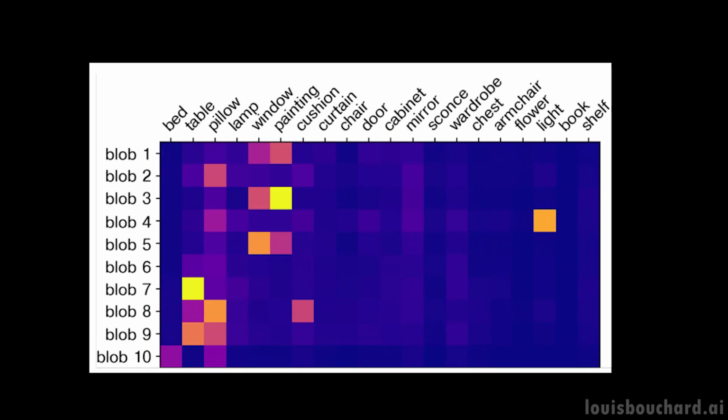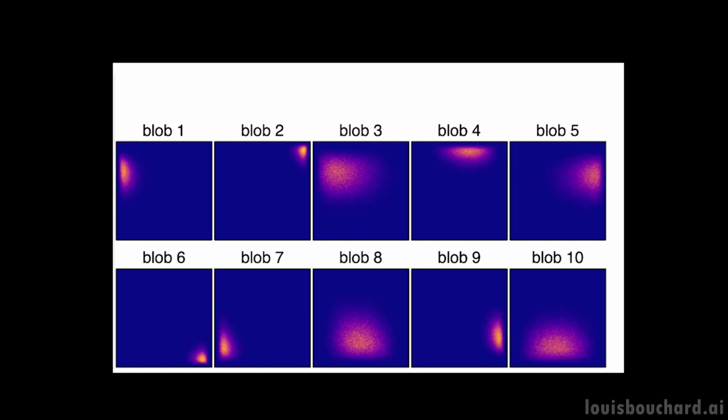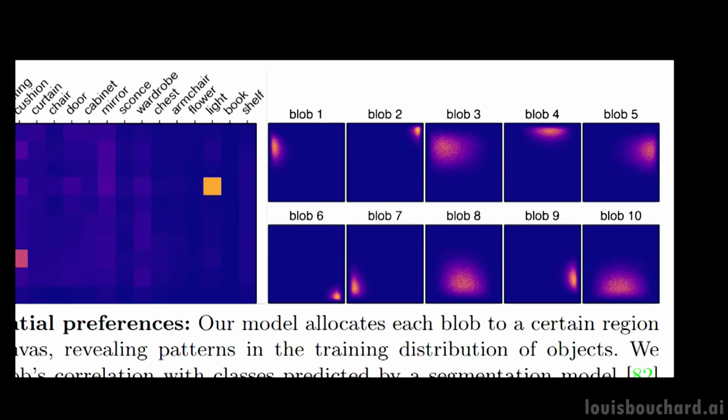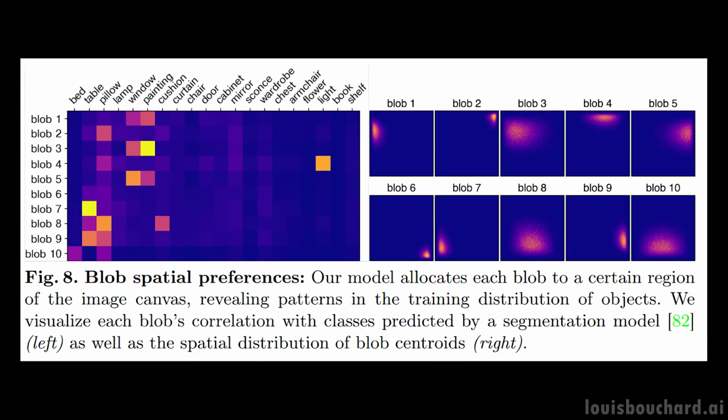Here, you can also see how the same blobs are used to represent either a window or a painting, which makes a lot of sense. Likewise, you can see that light is almost always represented in the fourth blob. Similarly, you can see how blobs are often representing the same regions in the scene, most certainly due to the similarities of images in the dataset used for this experiment.